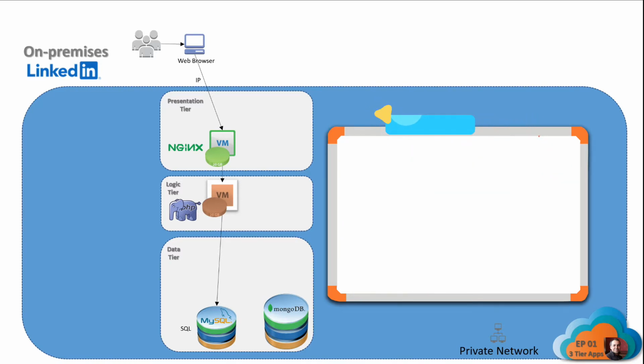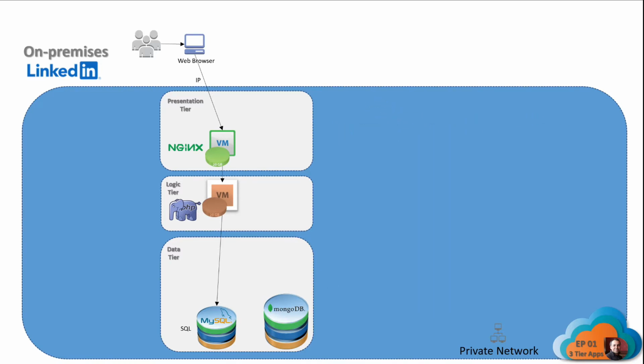Now, as our application community grows, we gain more traction. So, we need more availability and more capacity in order to process incoming requests. That's why we start to scale out our web service by adding more and more servers to the presentation tier.